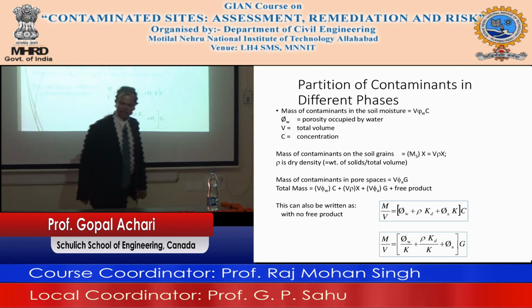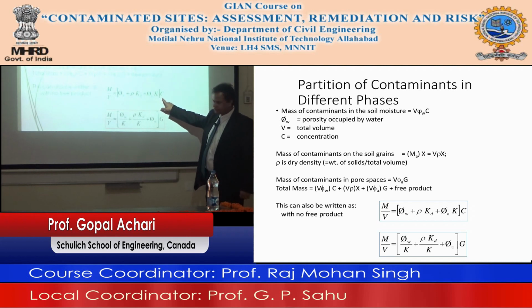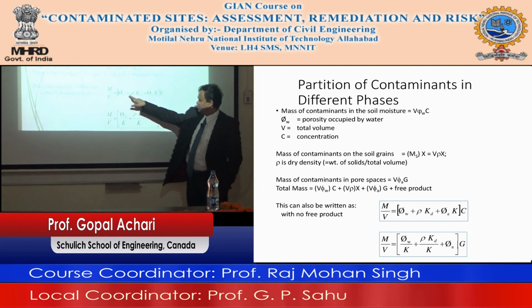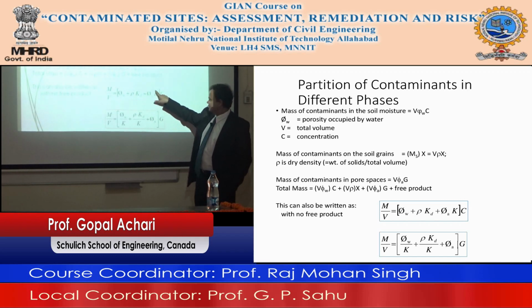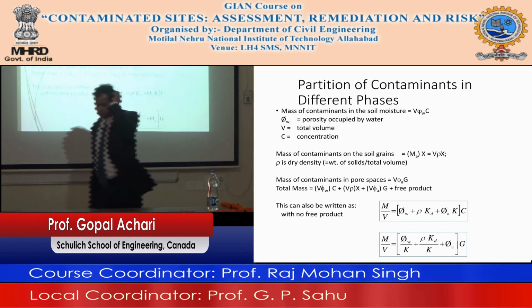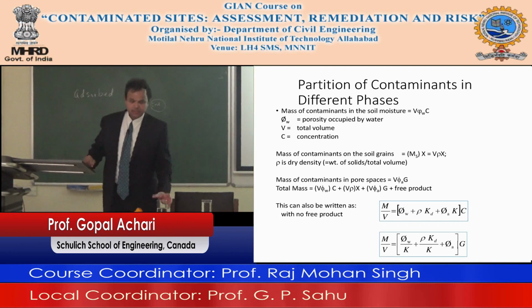So if I take a water sample from the soil pores and I measure the concentration, look at this: porosity held with water, dry density, Kd, which is constant, porosity held in air, K, which is the Henry's constant, times C. All of this is soil characteristic. So I don't need to measure what's in the dissolved phase, the air phase, this phase, that phase. I just need one phase, a formula, and I'm done.